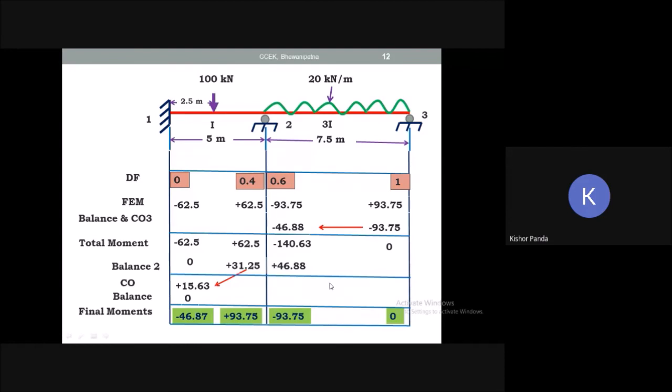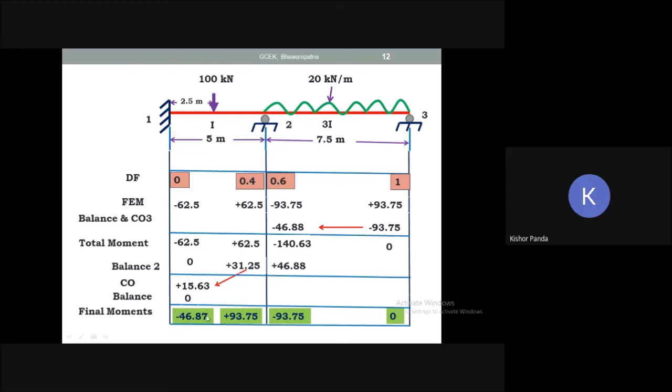Then you have to take the sum of all the moments. Here you see you start from the total moment, because this is the total. After balancing the joint 3, you got this is the total moment. So from the total moment, you take the sum and find out what is the final moments. Here you see this is minus 62.5 and this is 15.63. So what is the sum of these two moments?